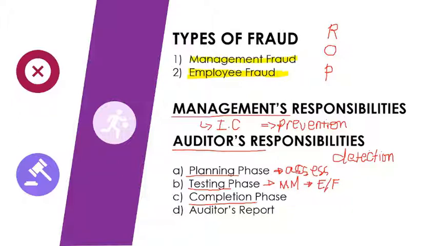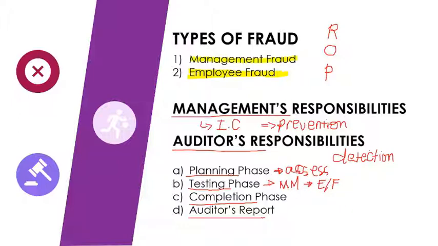And then lastly is your audit report. In your auditor's report, you will be giving your opinion as to the fair representation of the financial statements of the entity. If the auditor believes that a material error or fraud exists, the auditor should request the management to revise their financial statements.